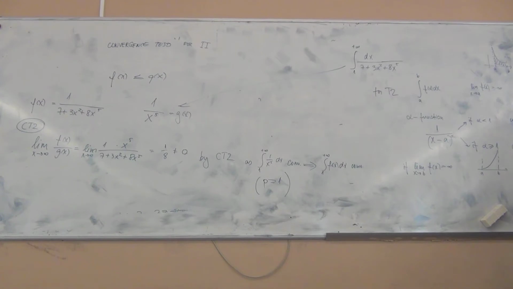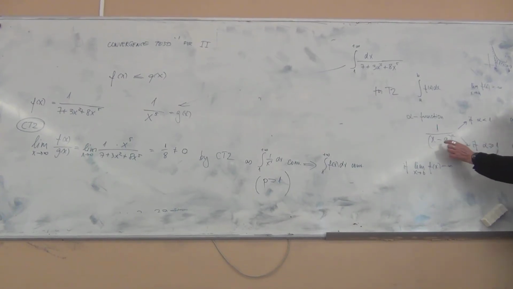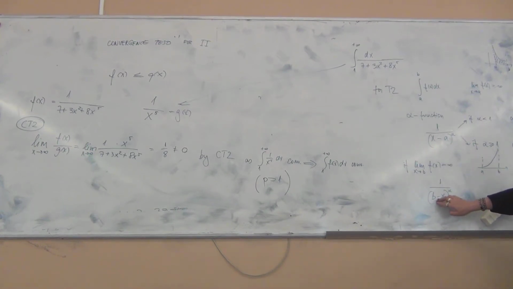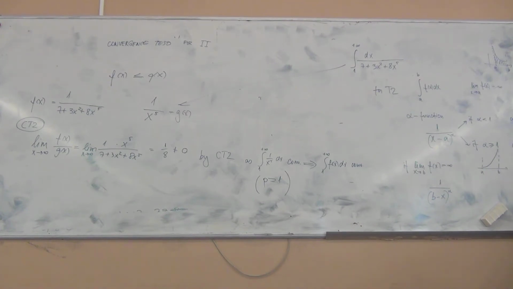In that case, x minus b would be negative, because x would be to the left of b, less than b. And therefore, we have to use b minus x. Then we use 1 over b minus x to the power alpha to make sure that this difference is positive. Everything else is the same.